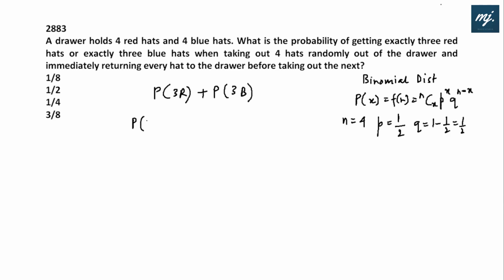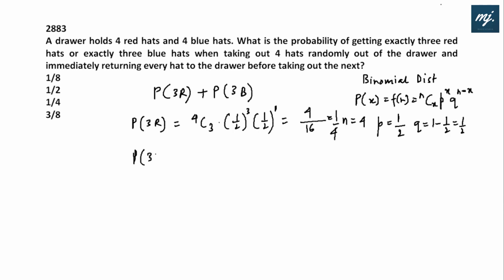Now probability of 3 reds, if I take x as the number of red heads, would be 4C3 (1/2) to the power 3 into (1/2) to the power 4 minus 3, that is 1. 4C3 is 4, so it would be 4 upon 2 to the power 4, 16, that is 1 by 4.